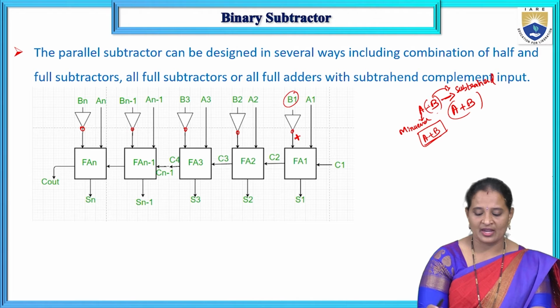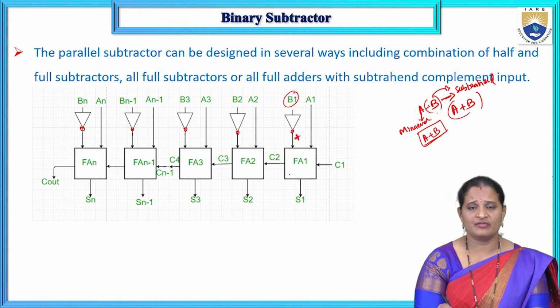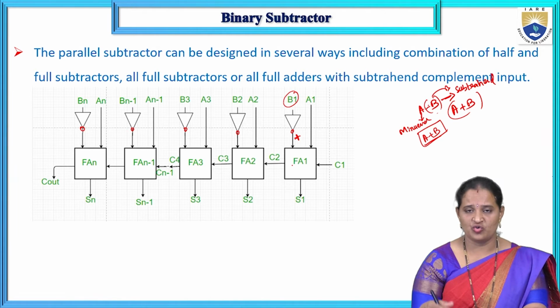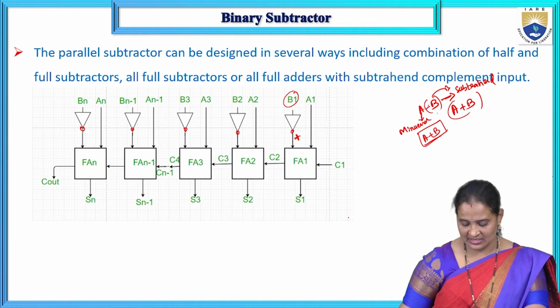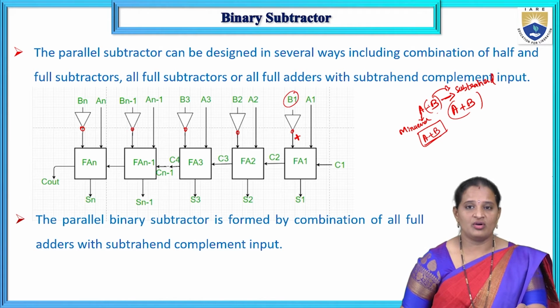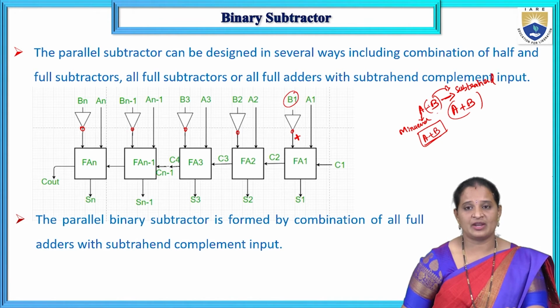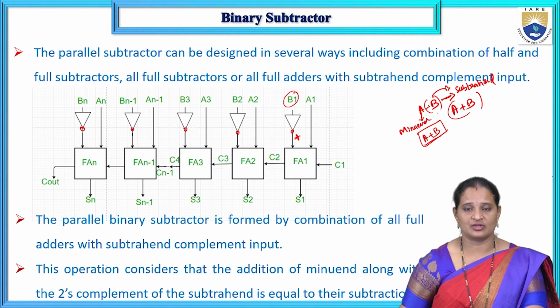So this is a parallel subtractor circuit, where this is the 4-bit parallel subtractor, sorry, 5-bit parallel subtractor, where I can have one full adder for performing the subtraction of 2 bits of 2 binary numbers. So the parallel binary subtractor is formed by the combination of all full adders with subtrahend complement input. So by complementing the subtrahend input, we can design a parallel subtractor.